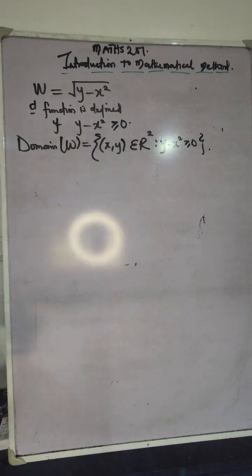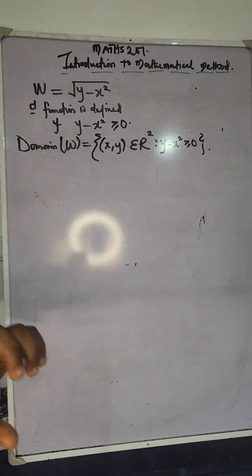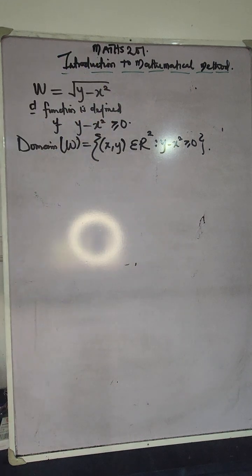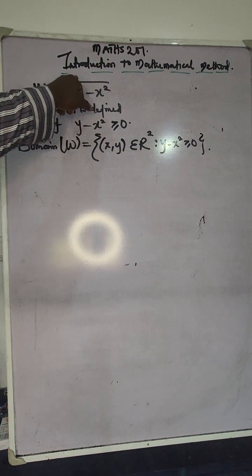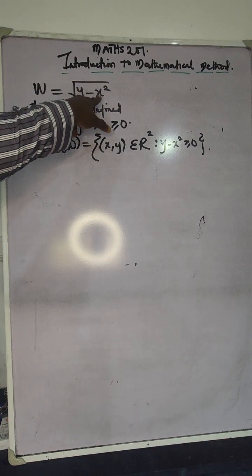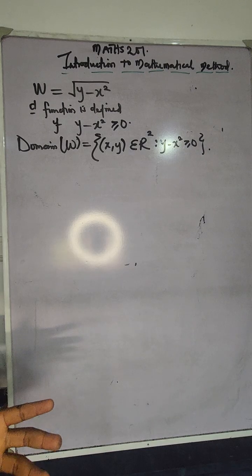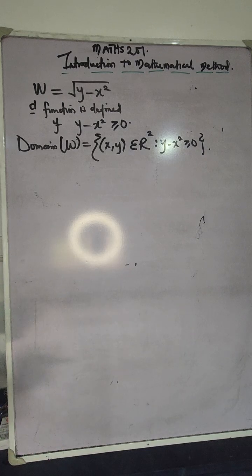Why were we able to arrive at this answer? We're able to arrive at this answer because we know what makes this function defined. We know that the law that guides the square root function is that whatever is under the square root should be greater than or equal to 0. Not in all cases, right? We have several other cases which we're going to treat as time goes on.